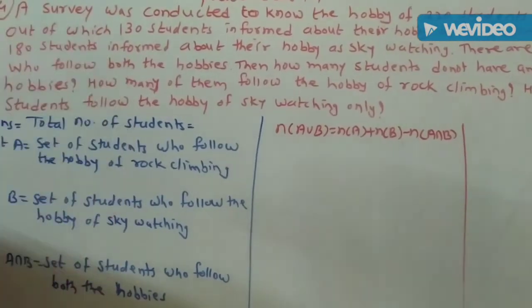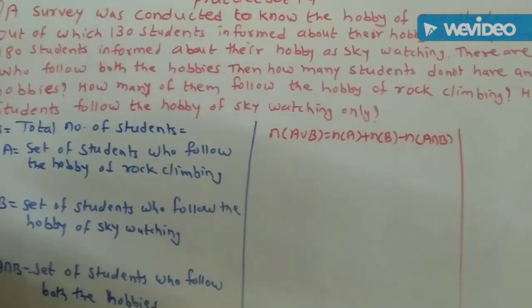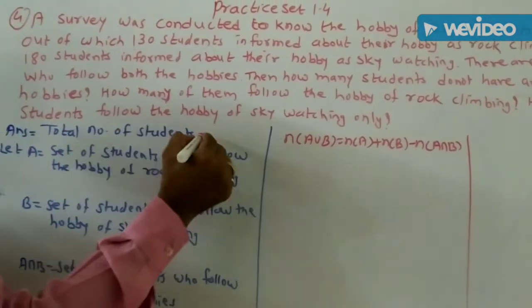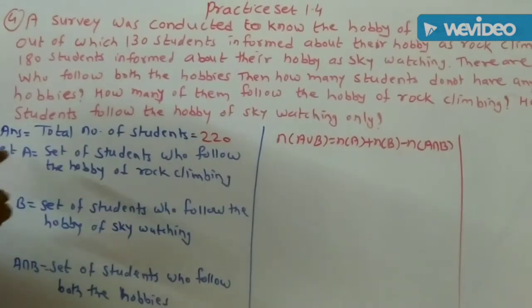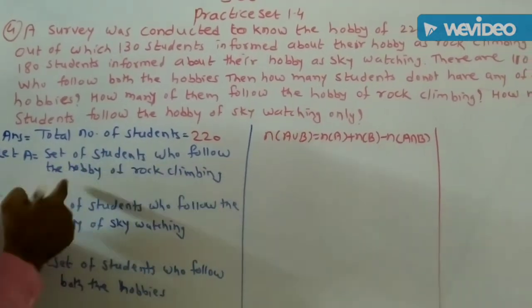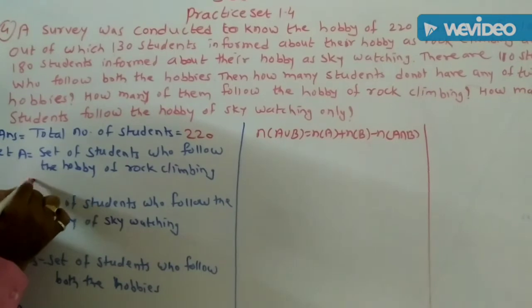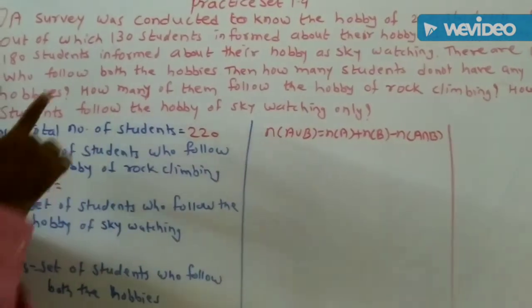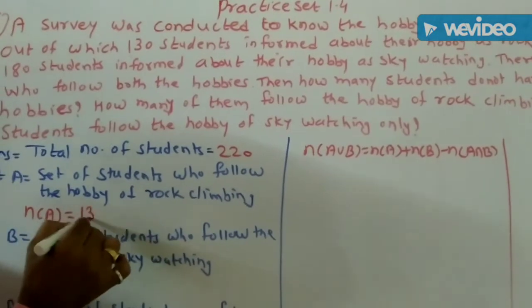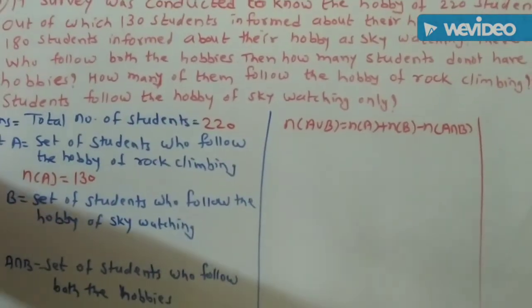Now we have the total number of students as 220. Therefore, we write here total number of students as 220. A is taken as the set of students who follow the hobby of rock climbing, that is given 130, and therefore number of A is equal to 130.